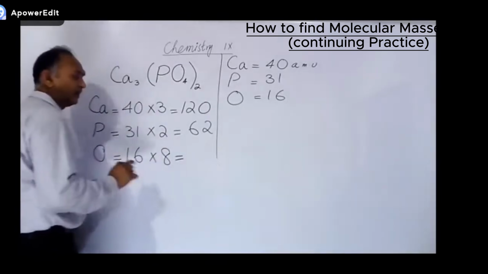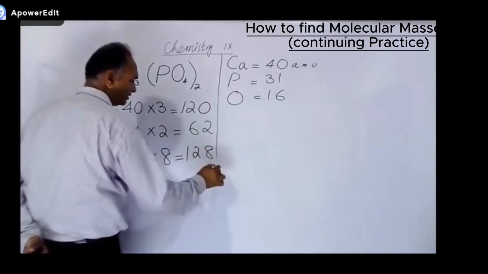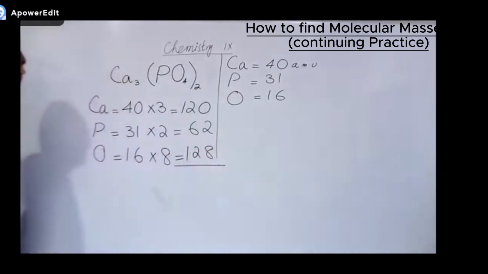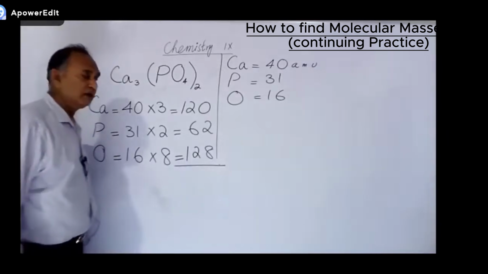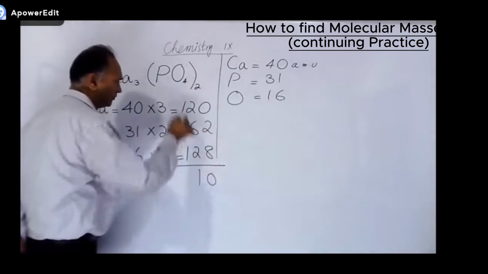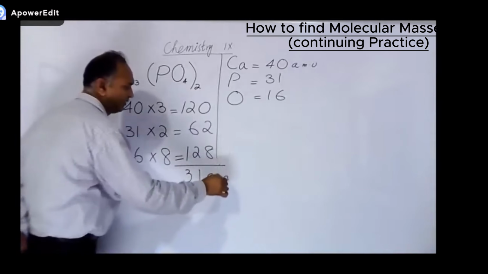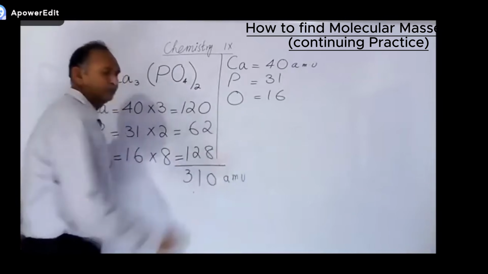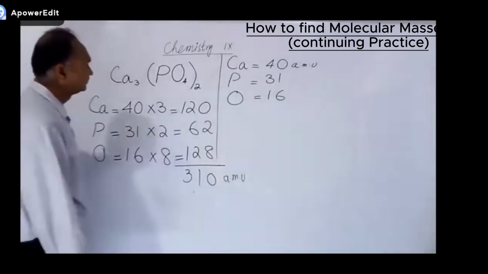Okay, so 16 eights are 128. All right. Now adding all of these, 310 AMU would be its molar mass.